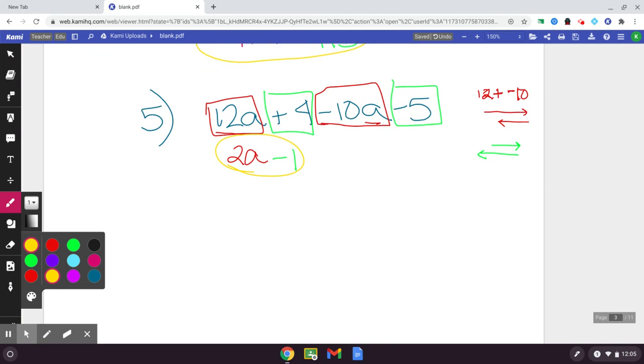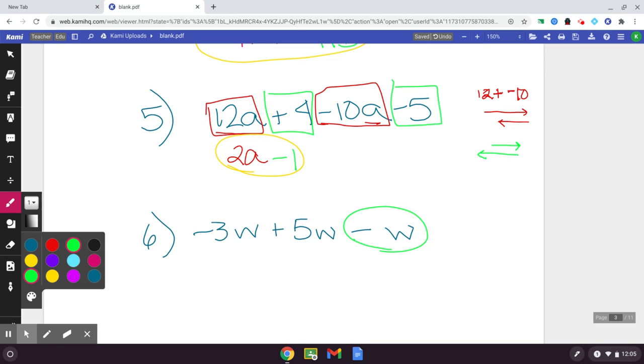All right. Let's try another one. Negative 3w plus 5w minus w. Okay, so a question that came up in class was, well, what is this minus w right here?